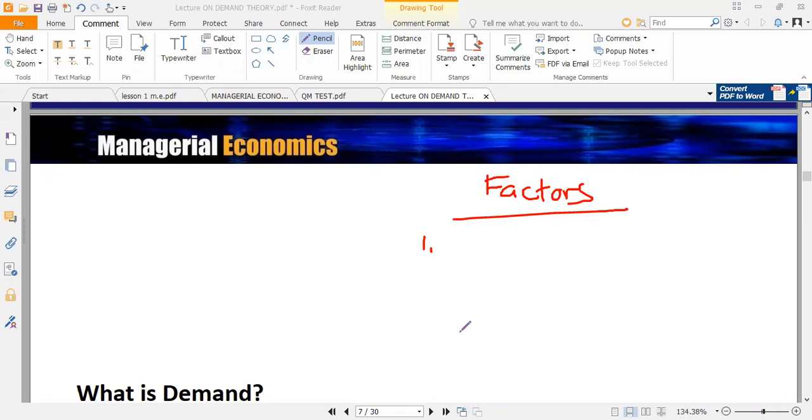Quality. The quality of a particular commodity. Yes. That one was. The price. What else? Price. Price of that good and the price of other goods. It will affect your zeal, your willingness to buy. Availability.